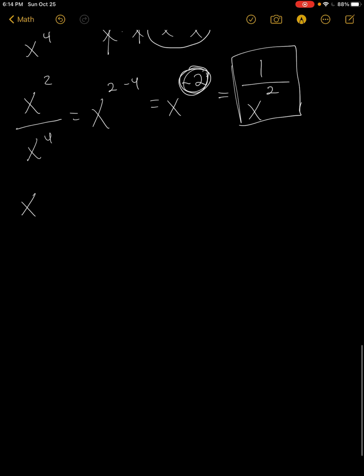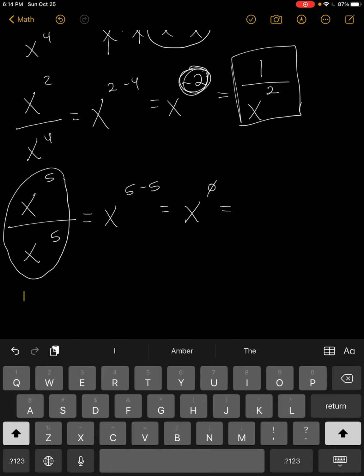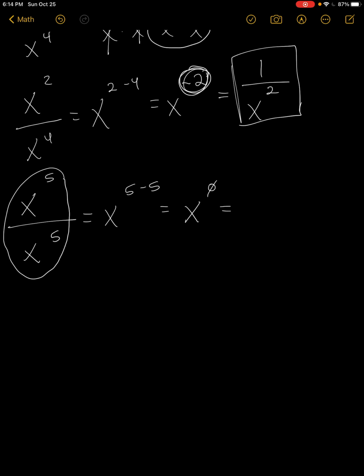And then one more weird exponent rule. What happens if you get the same? So x to the 0. Whenever you get something to the 0 power, well, if you look, x to the 5th over x to the 5th, that's just the exact same number, right? That's just like having x over x, or a over a, or 12 over 12, 5 over 5, right? It's the same number over itself. What happens when you divide a number by itself?